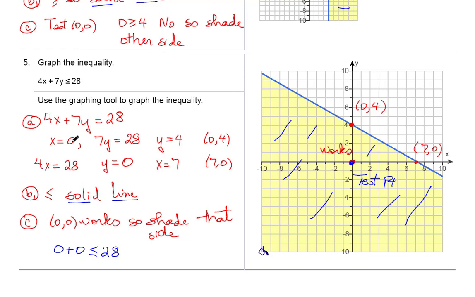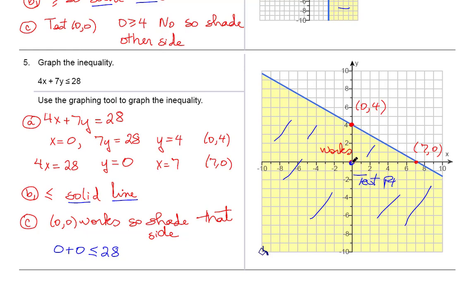So let's see, if I set x to 0, I get 7y is 28, or y is 4. See, that gives me 0, 4. If I set y to 0, I get 4x is 28, and I get x is 7. So there's my 7, 0. Use my line tool to make the solid line.